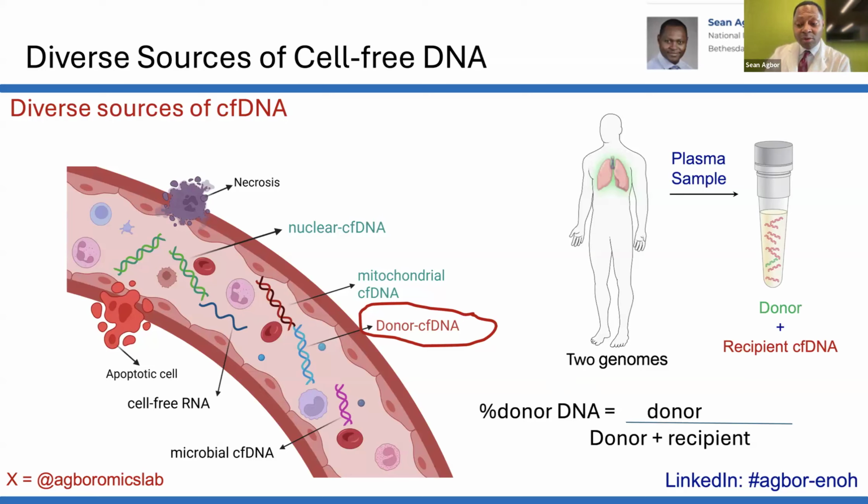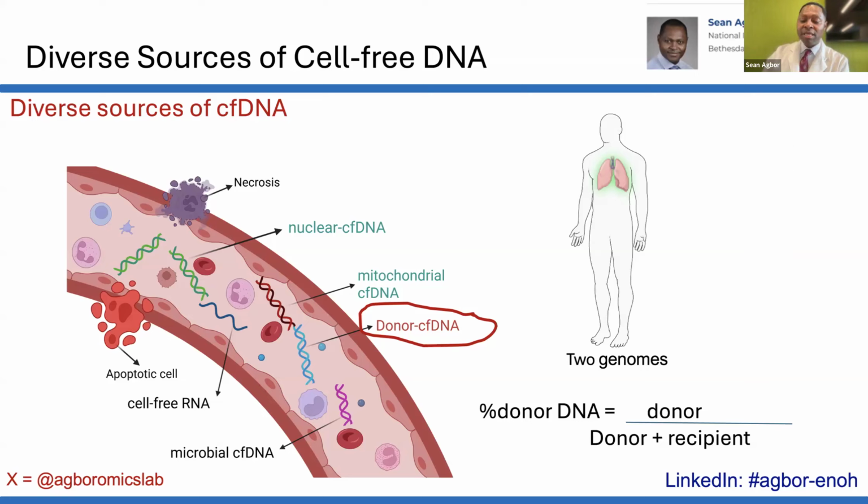But if you get clean, good quality plasma, then in that plasma, represented here in red, would be cell-free DNA from the host or the recipient versus cell-free DNA from the donor. You can use whatever method you want, digital droplet PCR or sequencing, to quantitate the percent of donor-derived cell-free DNA as a fraction of rejection.